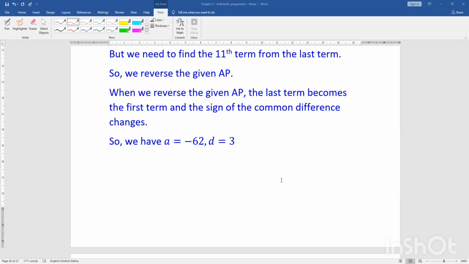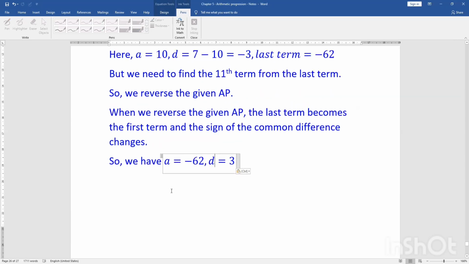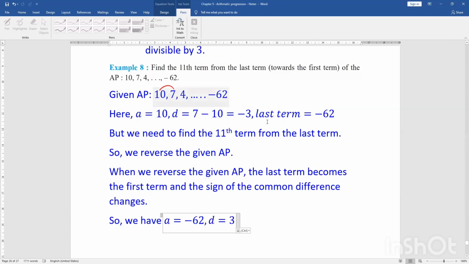So when you reverse the AP, D was minus 3, now D becomes plus 3. The last term was minus 62, and now the first term has become minus 62.